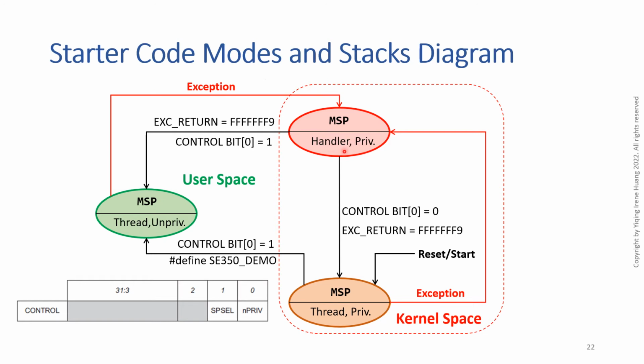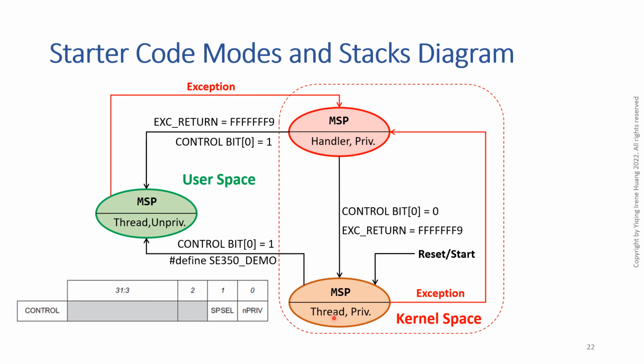Once we're done, we're back to the original state, which is thread mode at privileged level. Again, nobody touches control bit 0. We don't have any code to change the value, so it keeps its original value of 0, which means privileged level. For the EXC_RETURN value, we use the same thing: we indicate we want to use MSP and return to thread mode.